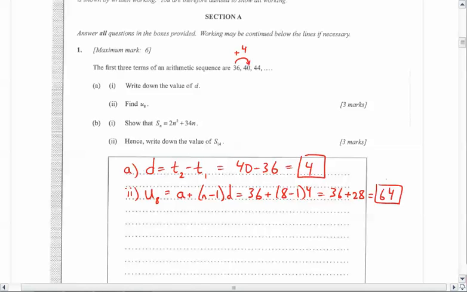And we can check that just by adding 4 each time and making sure that we actually get up to that term. 1, 2, 3, 4, 5, 6, 7, 8.